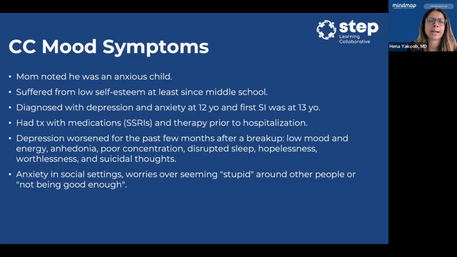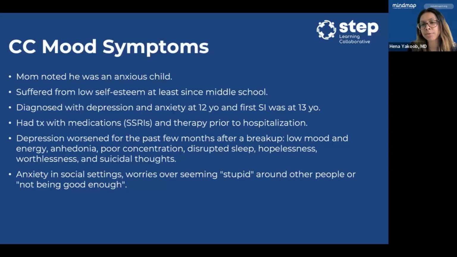So for this patient, his mom did note that he was a particularly anxious child compared to her other children. It was pretty apparent that he suffered from really low self-esteem, at least since he was about middle school aged. He was diagnosed clinically with depression and anxiety around 12 years old.